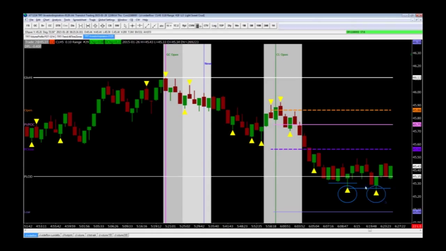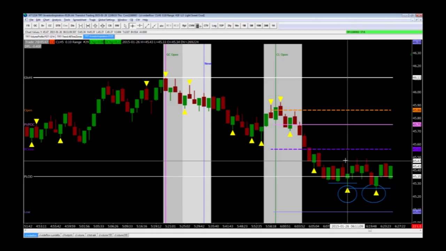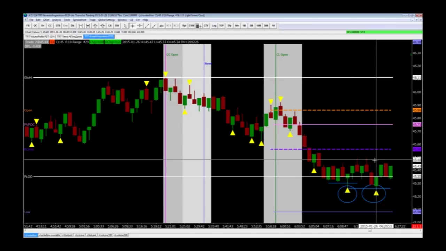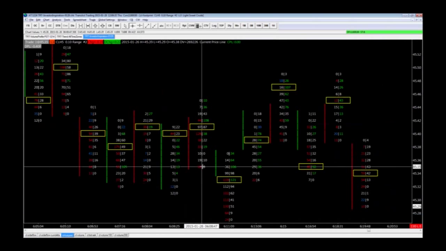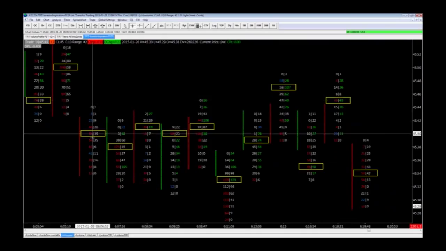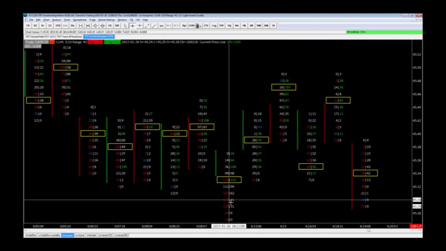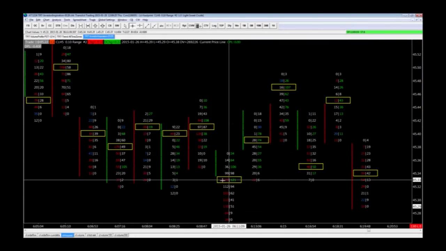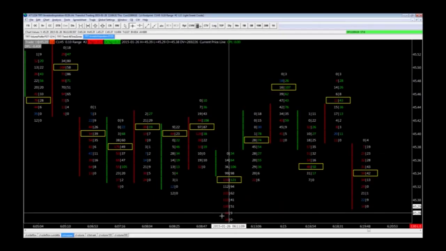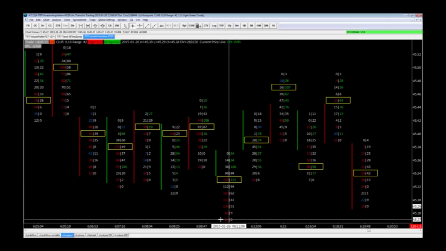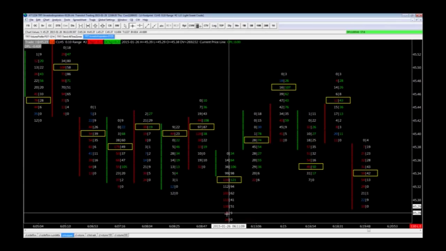Let's go look at the footprint chart for these two bars, 611 and 620. 611's right here. Look, the market's been falling. Look at all the contracts going off here: 119, 112, 103, 113, 130, 64, 20. A lot of selling's going on here, but the price is closing up.